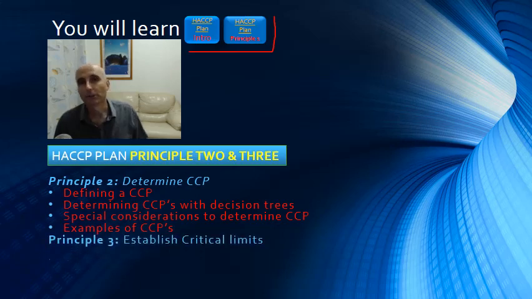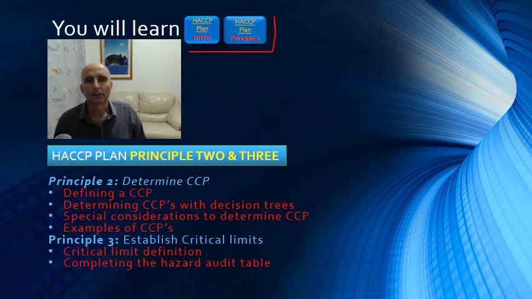Then, with principle 3, establish critical limits, we're going to look at the definition, how to complete a hazard audit table, and what makes a good critical limit.